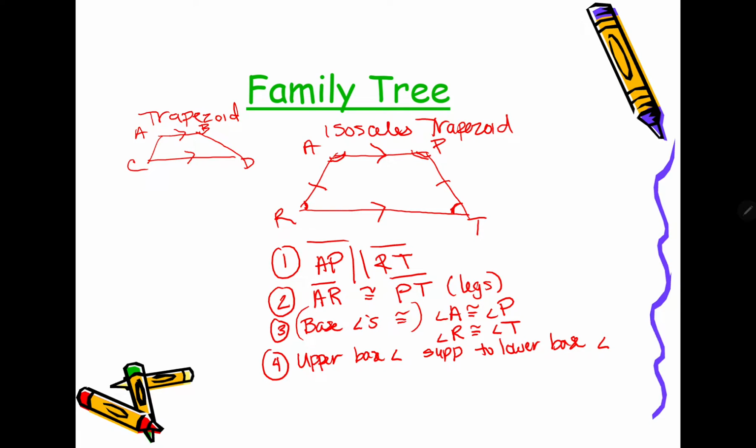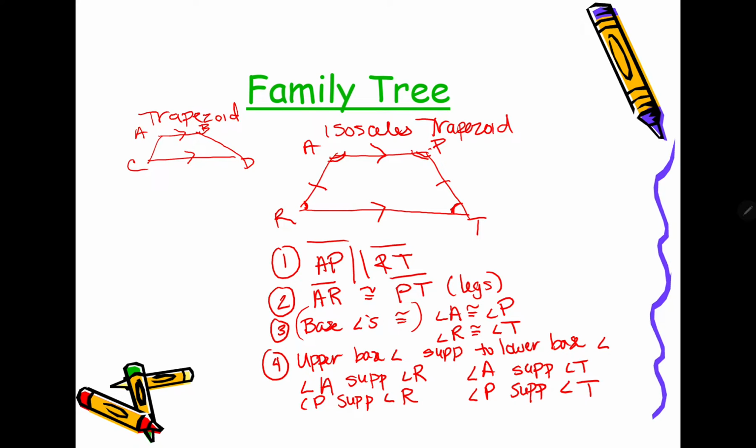Angle A is supplementary to angle R, but we also know that angle A would be supplementary to angle T because that's also a lower angle. We know that P is going to be supplementary to angle T and angle R. Any lower plus any upper is supplementary.